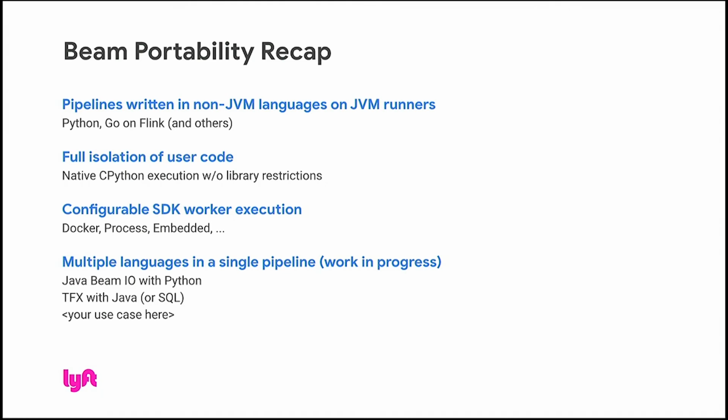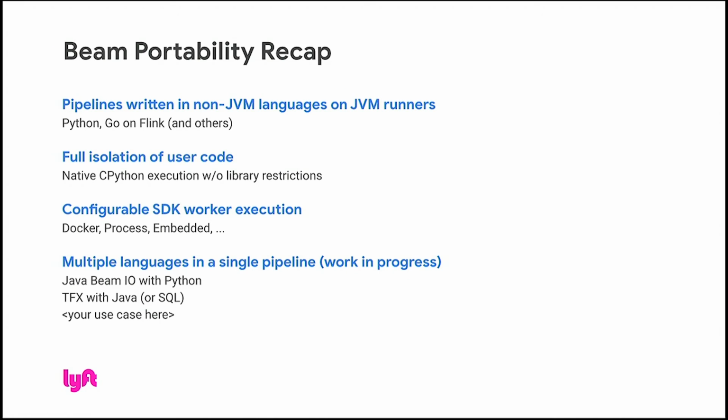The real final step in portability is to enable multiple languages in the same pipeline that lets us do interesting and necessary things. For example, we have a large collection of Java Beam I/O. Those are the connectors that connect to external systems, like reading from Kafka, writing to databases, and so on.